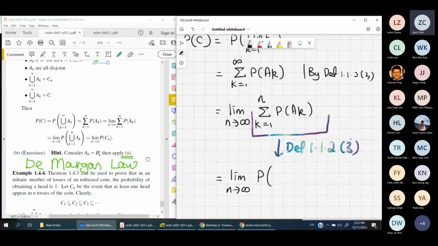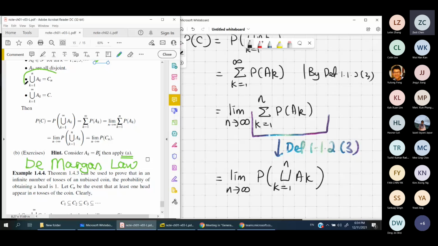P of here, right? But we have shown this. If we take the union for all the AK from 1 to n, that actually ends up being our Cn.